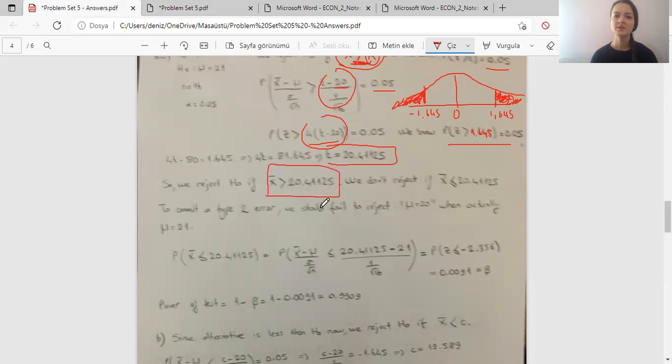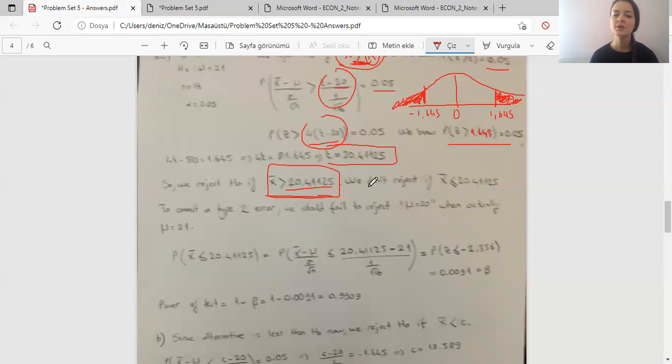Now, here we are dealing with a type 2 error, which is being unable to reject the null hypothesis when it is actually wrong, okay? So in order for us to not reject the null hypothesis, here you see we reject H0 if X bar is greater than this thing. So we don't reject it if X bar is less than this thing, okay?